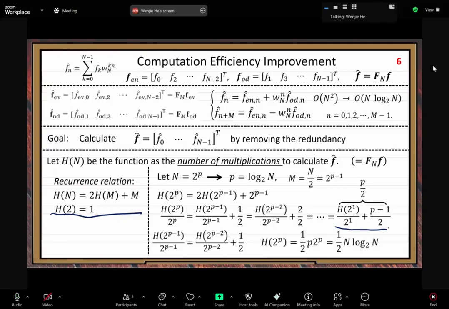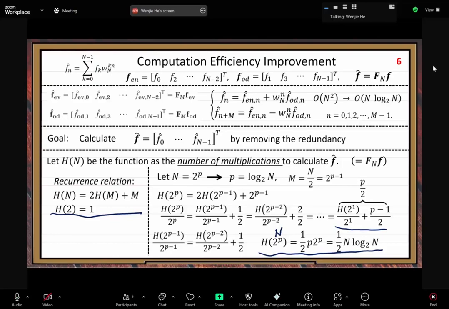So we get H of capital N, where N is a power of 2, equal to 1/2 N times log base 2 of N. So in this way, you can see that's the reason this algorithm is this fast.